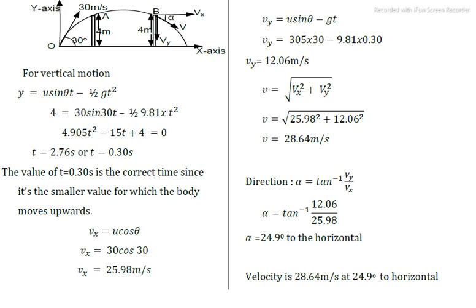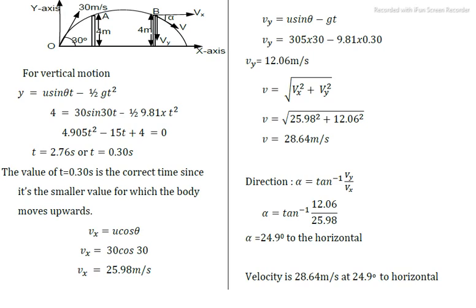The horizontal component, which is Vx, is constant and equal to u cos theta, because we saw that for horizontal motion, since it is constant, the acceleration is 0, and therefore we remain with u cos theta.